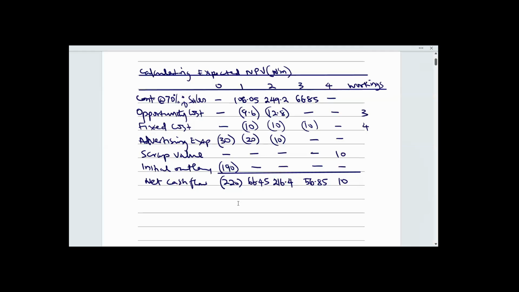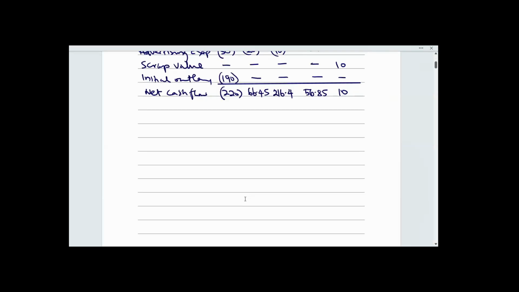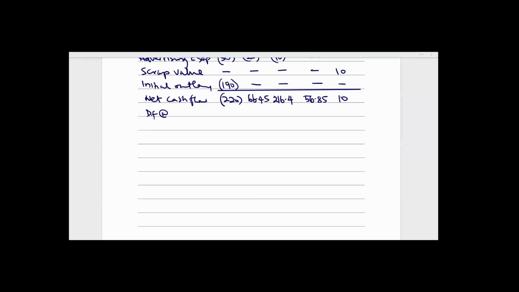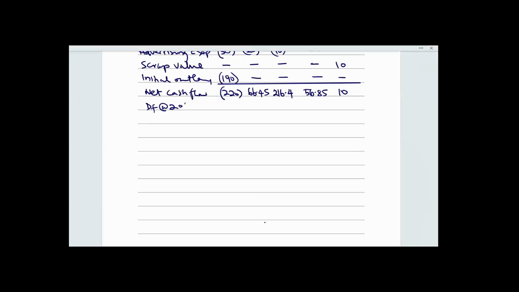All right. So now that we have the net cash flow, we then need to discount it at the appropriate cost of capital. In the question, we are given a cost of capital of 20%. So at 20%, in year zero is 1.